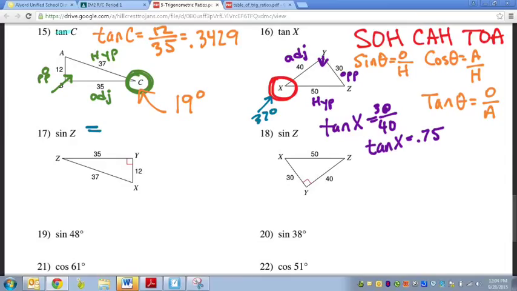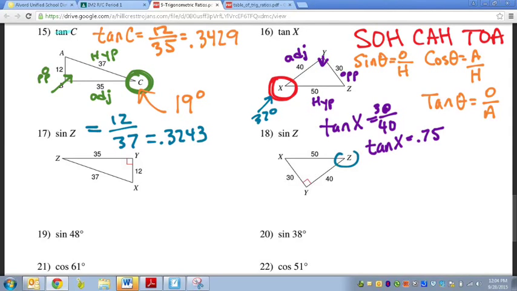Okay? So, to lead you off here, I'm going to set up these ratios real quick. So sine of Z is going to be opposite over hypotenuse. So 12 divided by 37, if we do the calculations, is 0.3243.